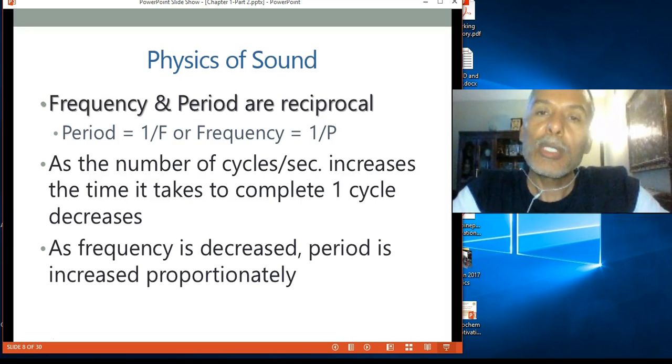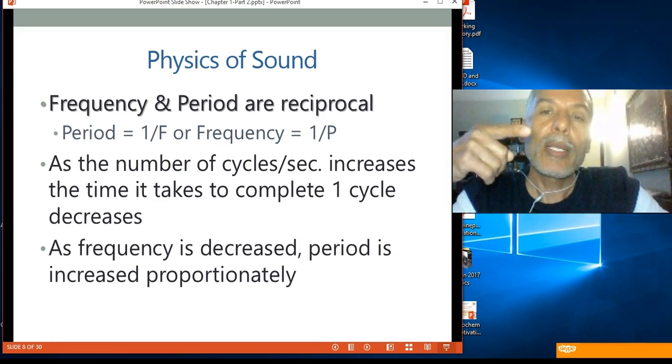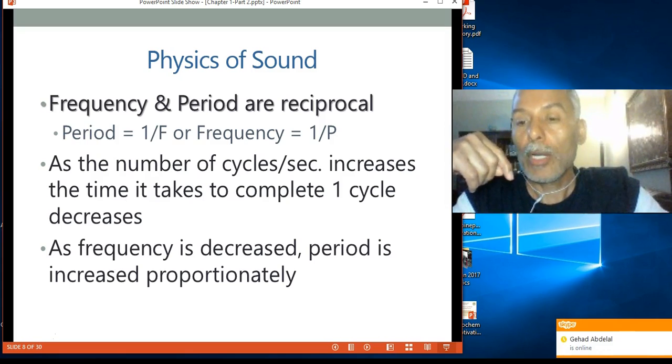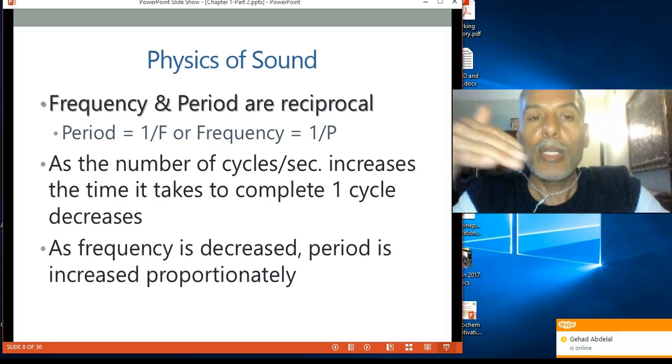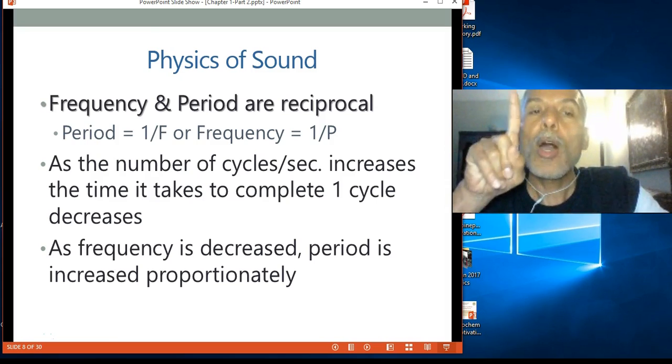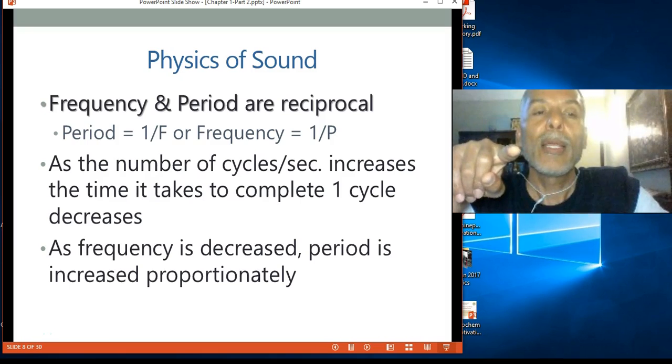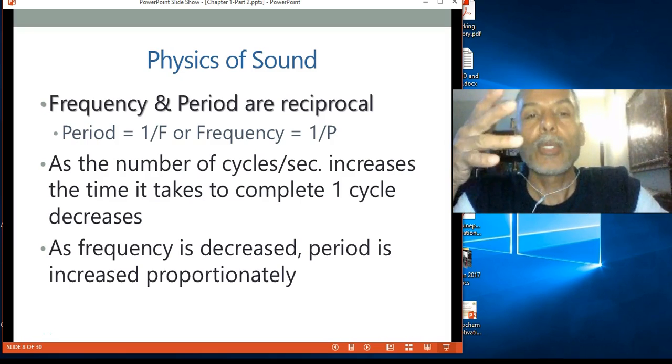So frequency and period are related in a reciprocal way. In other words, if you figure out one, you are able to figure out the other one. To figure out either one, you just have 1 divided by frequency or period.